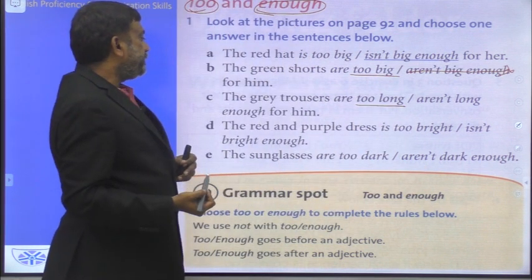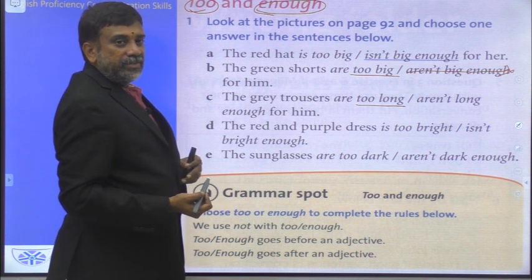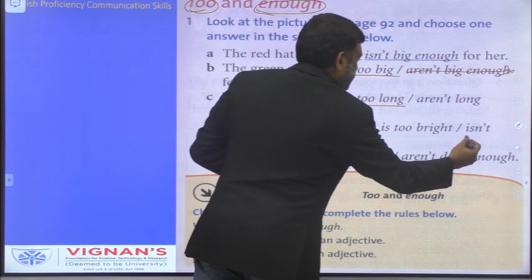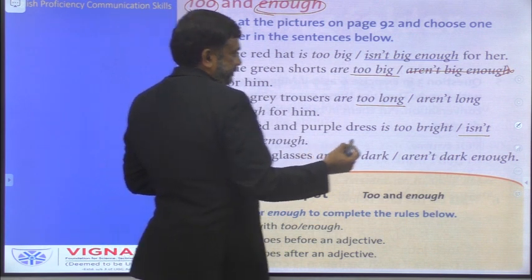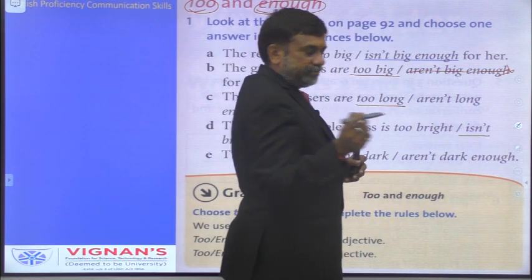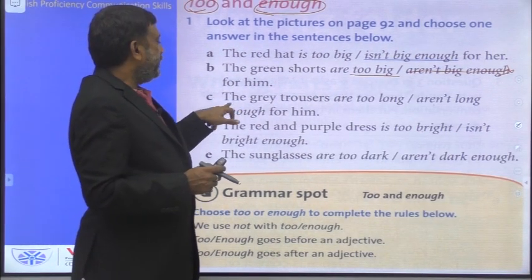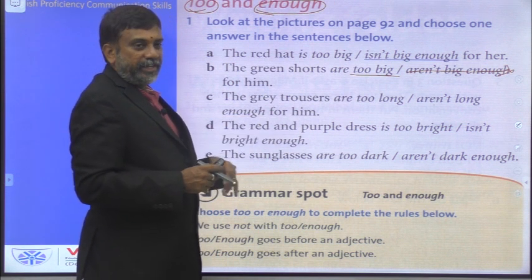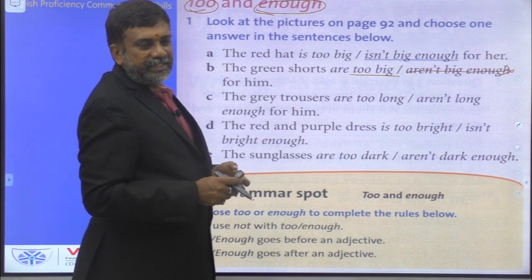The red and purple dress is too bright, isn't bright enough. What is the right answer? Okay guys, so here the grey trousers aren't long enough for him. Do you remember the picture? The trousers were very tight and narrow.